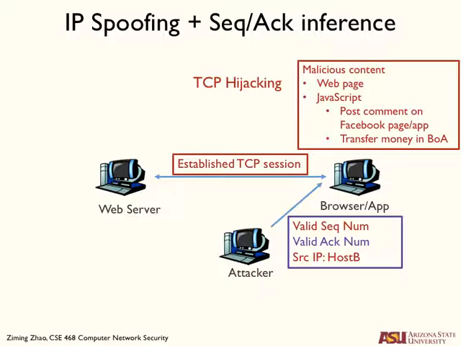So imagine you are using Facebook, either using your browser or using a Facebook app, and some attacker injected some JavaScript. And that JavaScript can post messages on your wall or your friend's wall on your behalf. No one can tell if it's you did that or some malicious JavaScript did that. Or if you are using some banking application, yes?